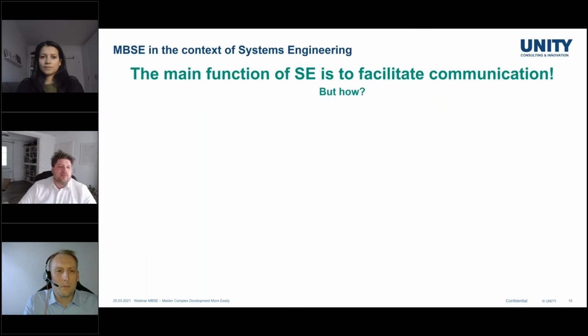I'd like to say that the main function of systems engineering and essentially any development methodology is to facilitate communication. In the end, you're always talking with people. People have to carry out the functions, and everything you do, directly or indirectly, with methods is there to facilitate communication between all the parts of a development project.